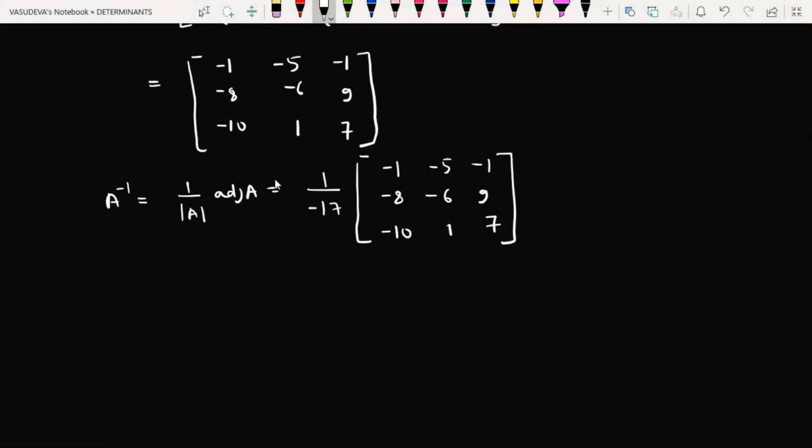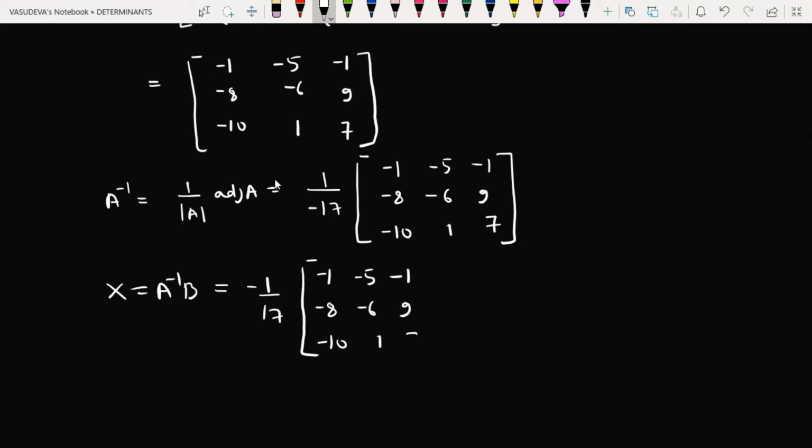This is A inverse. Now the solution that we know, X is equal to A inverse into B. So minus 1 by 17 into the matrix minus 1, minus 5, minus 1, minus 8, minus 6, 9, minus 10, 1, 7 into B, where B is the matrix of constants: 8, 1, 4.